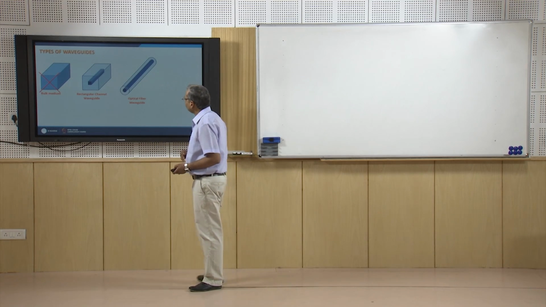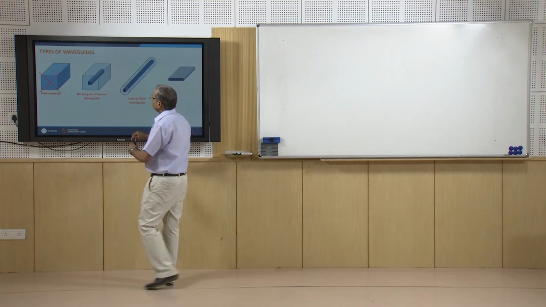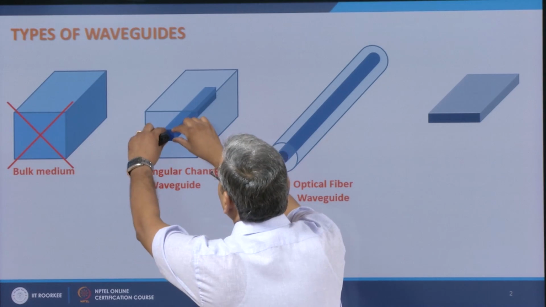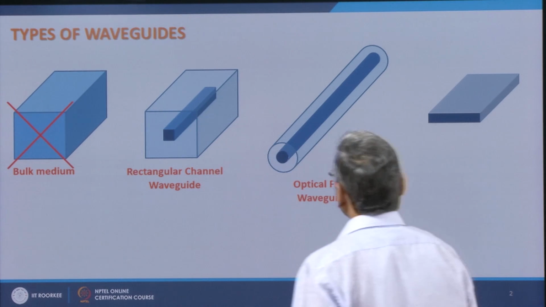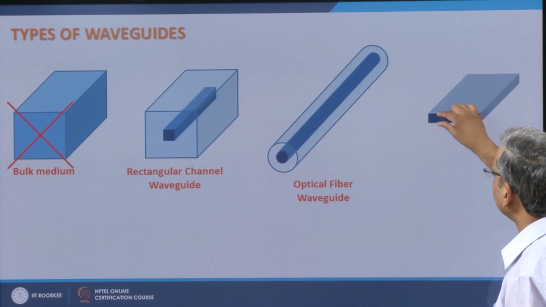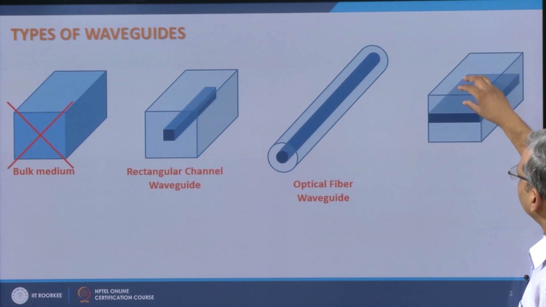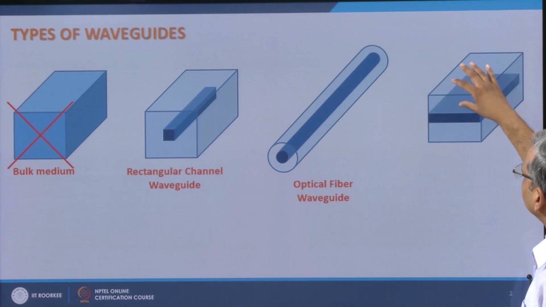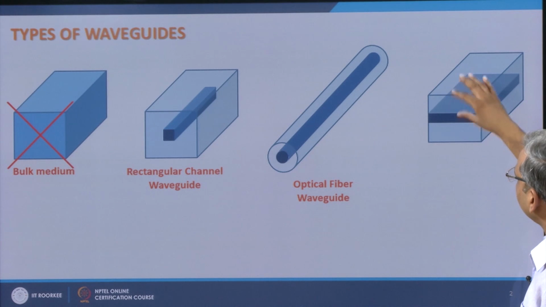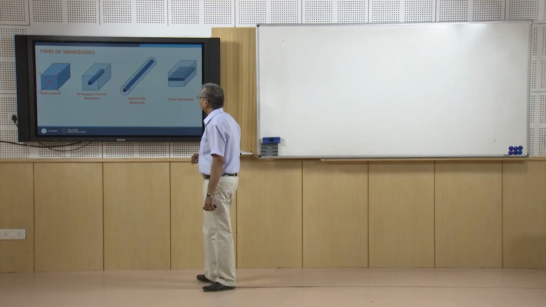And then I can also have a configuration like this where the width of the channel can be infinitely extended. So, instead of having this kind of channel I can have a thin slab of high refractive index which is sandwiched between two other thick slabs of lower refractive indices. Then this is known as a planar waveguide.